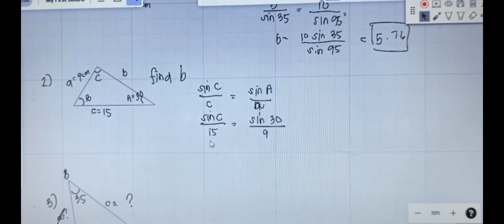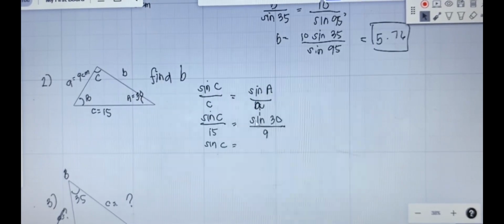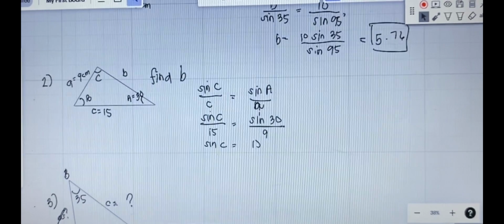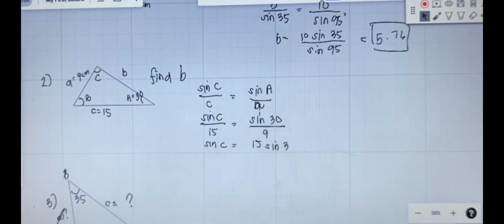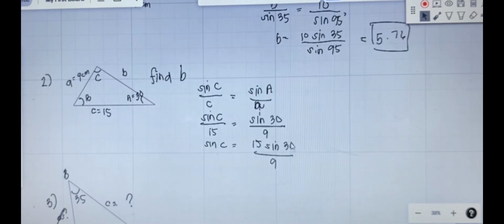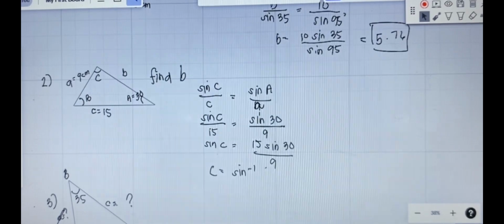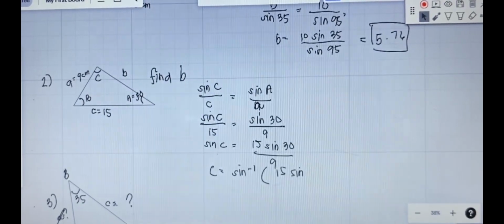So sine C is equal to 15 sine 30 divided by 9. Then we take the arc sine, or the inverse sine. So C is equal to sine to the -1 of 15 sine 30 over 9.